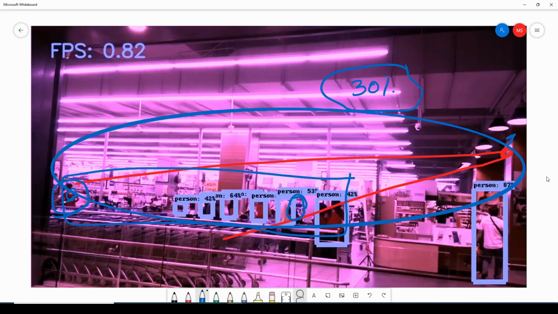And now we are working on how to track the customer inside the shelves. This part is a little challenging, but my team and I are working on it. I hope that we get a good result.